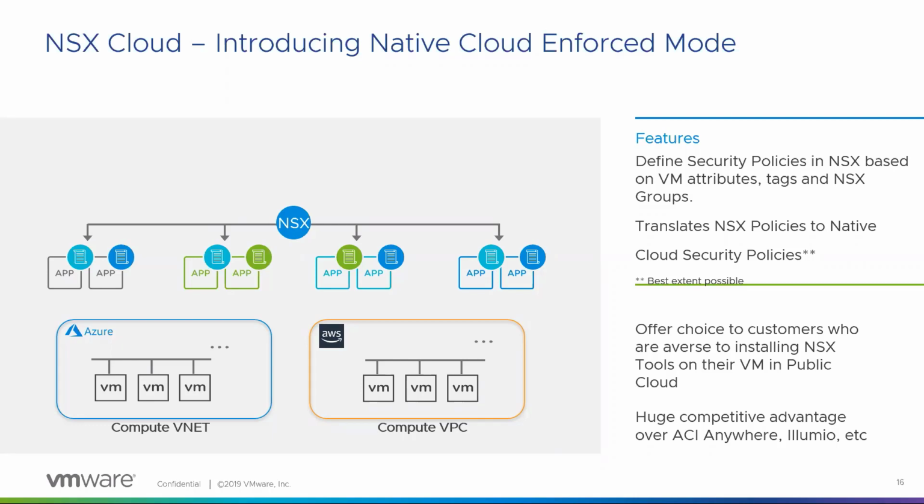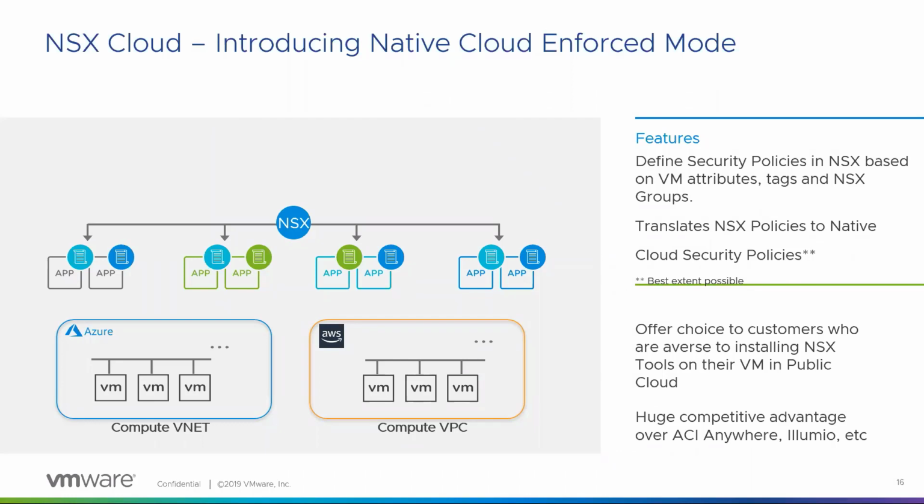So someone goes and turns off Windows firewall or iptables. This has no impact on my security policies because we're not relying on that. But needless to say, yes, if we chose this option, we are installing something into the OS, no question about it.